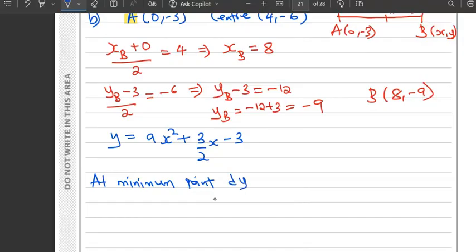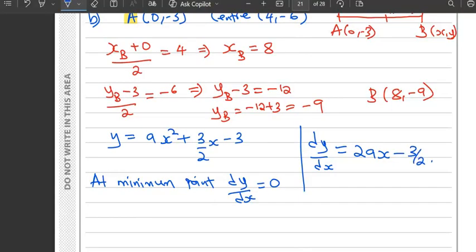So this means dy/dx is equivalent to 0. So what do we need to do? One, we need to find the derivative of the parabola. Differentiating this, dy/dx will be equal to 2ax minus 3 over 2.